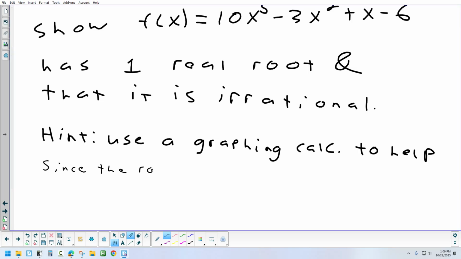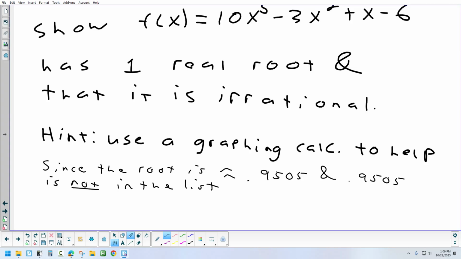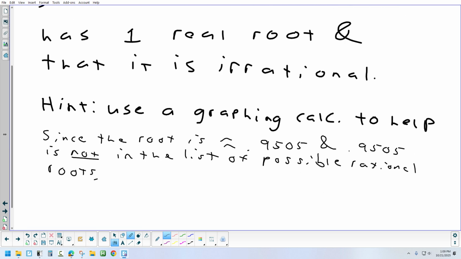Okay, so since the root is approximately 0.9505 and 0.9505 is not in the list of possible rational roots, the only other option for it is it has to be irrational. So since the root is not in the list of possible rational roots, it must be irrational.